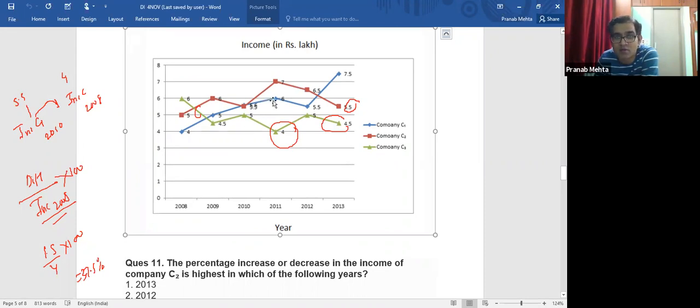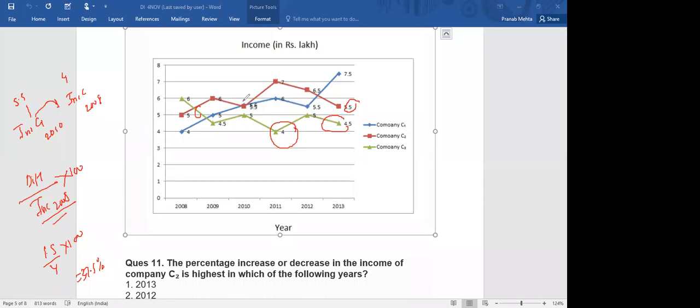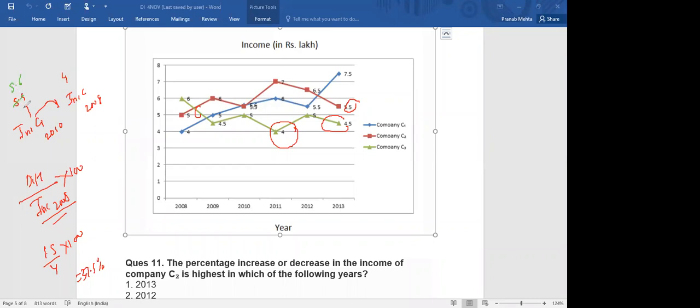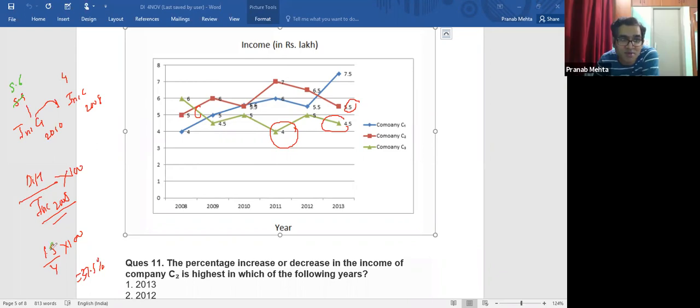Should we take 5.5 or 5.6? Now you see once again carefully here, the tip is blue color, yes or no? So the one which is higher I have to take. So we are not going to take 5.5, we have to take 5.6. Now if I take 5.6, this becomes 1.6. And if we take 1.6, this becomes 40%.